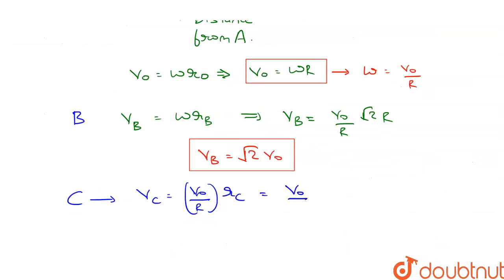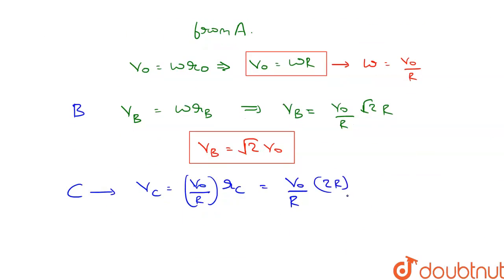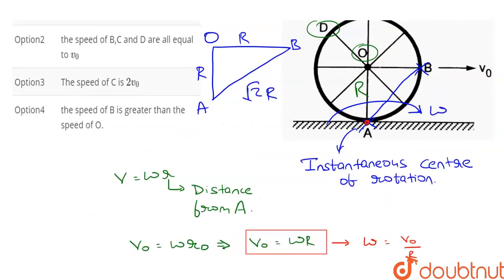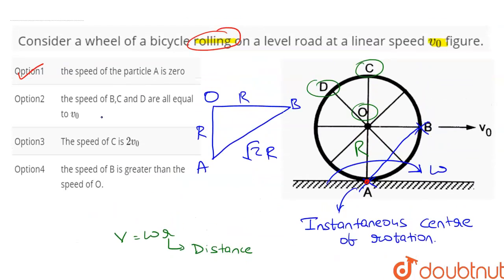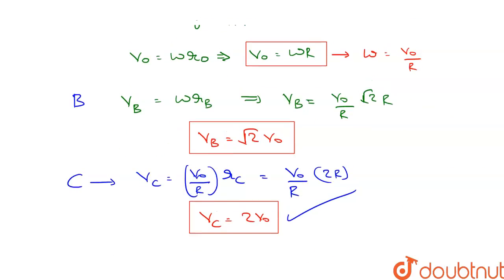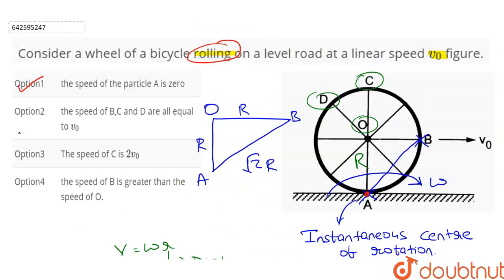Therefore V0 upon capital R into 2 into capital R. This implies VC is equal to 2 into V0. So we have now the velocities of particle O, B, C. Now option 3 said the speed of C is 2 V0, which is absolutely correct. Therefore option 3 is correct.